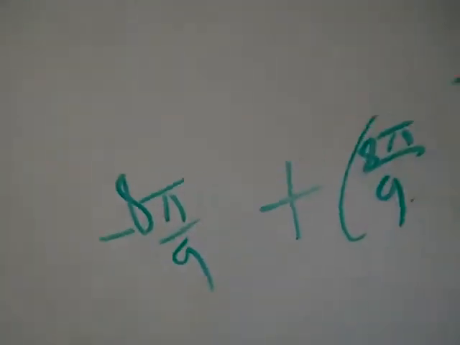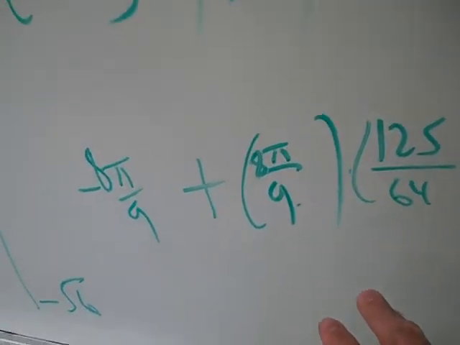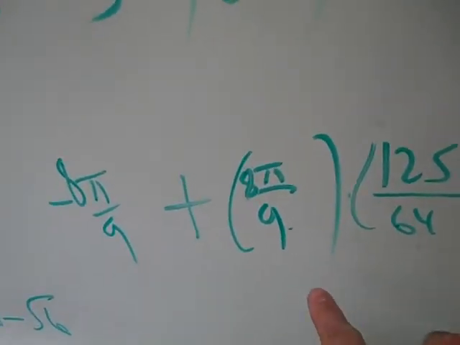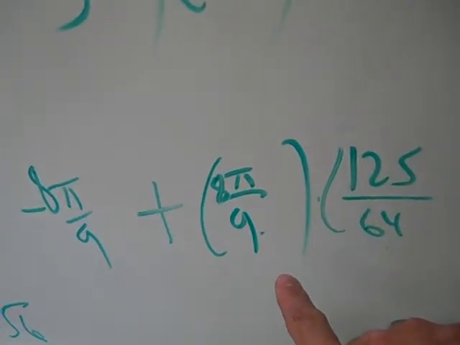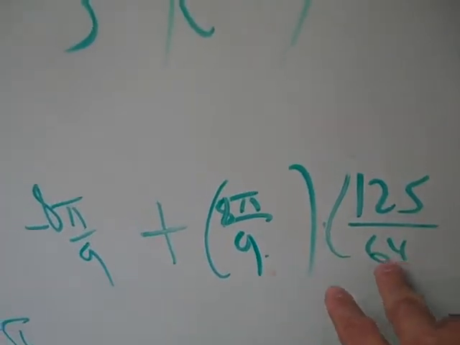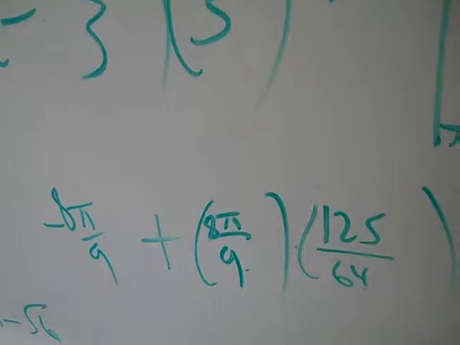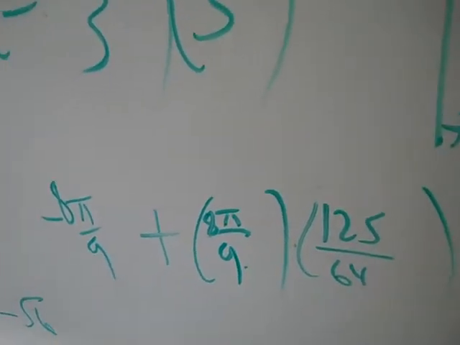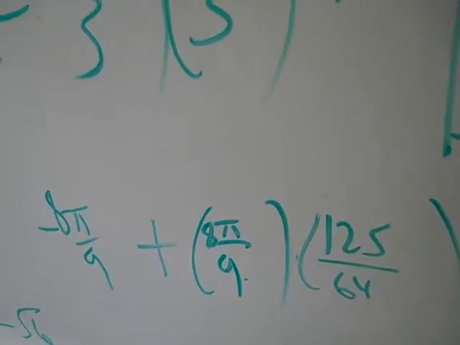Because 125 minus 64 is 61, and then that's going to be over, let's see, and then the 64 and 8 are going to cross cancel. Never mind the arithmetic. Let's just not go through that. But you'll end up getting what I got. Your final answer is 61 pi over 72. Let me write that down.